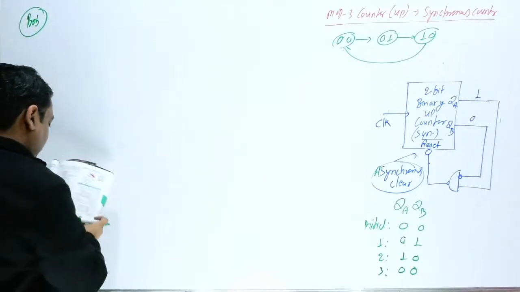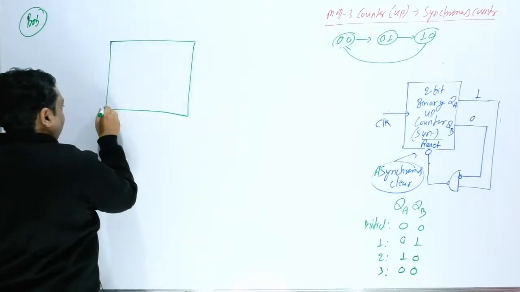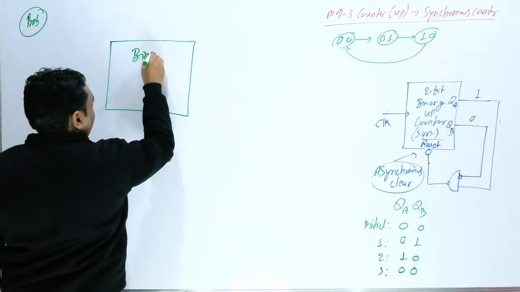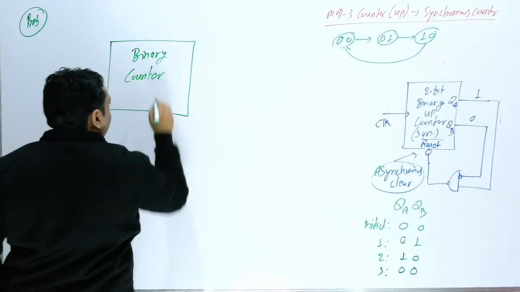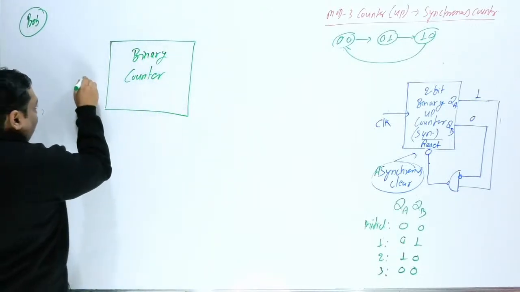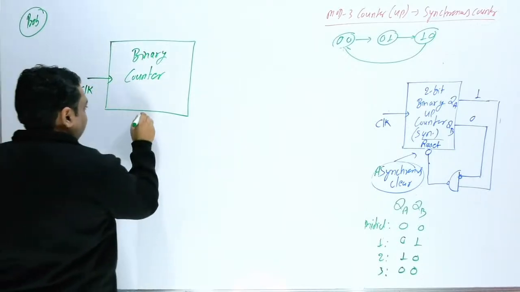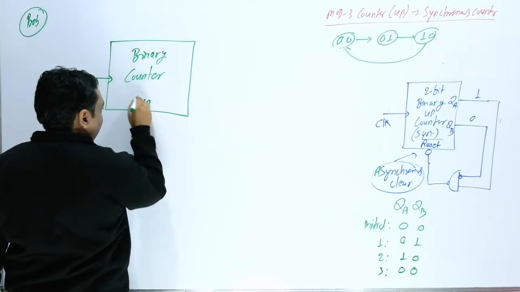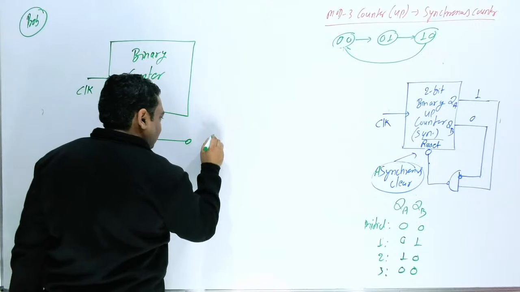Just note down. Here again, the examiner has mentioned a binary counter. This is the clock, and again this is clear, active low. Here they have mentioned one XNOR gate.